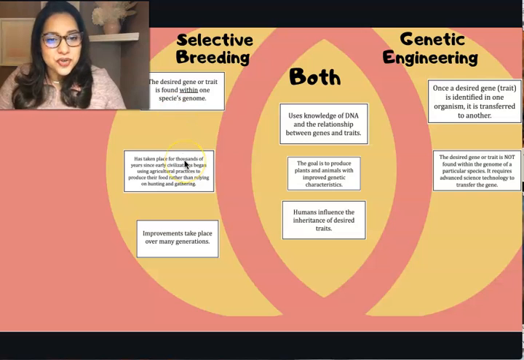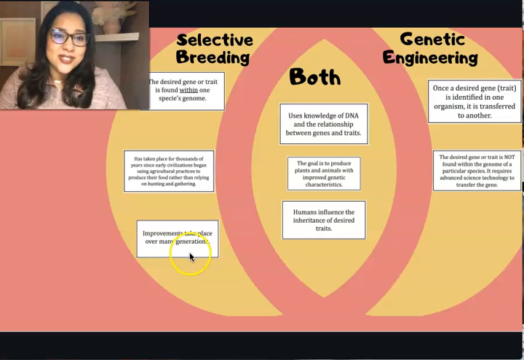The second description box states that it has taken place for thousands of years since early civilization began, using agricultural practices to produce their food rather than relying on hunting or gathering. And lastly, improvements take place over many generations, as I stated previously.